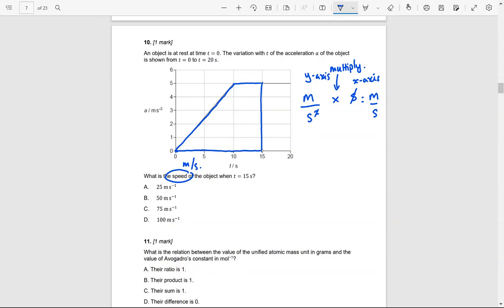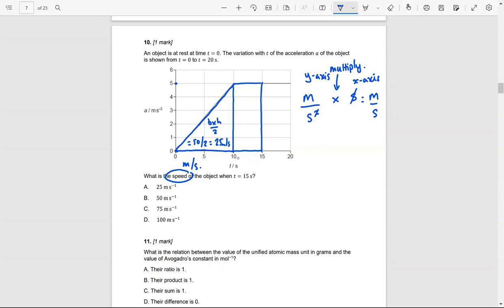So we've got to find the area under the line for this triangle and then this rectangle. So I'm going to split it into two. You could do it another way, but I'll just split it into two. This one is a triangle, so it's base times height over 2. Base times height, 5 times 10 is 50, divided by 2 is 25 meters per second.